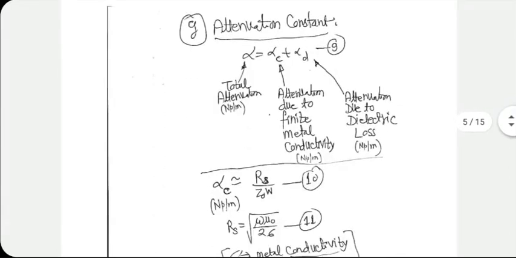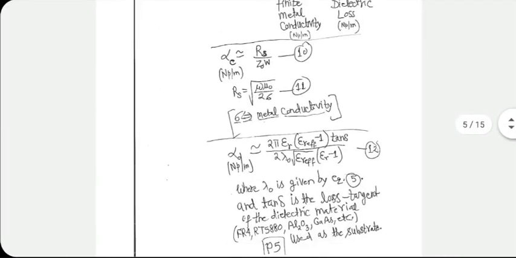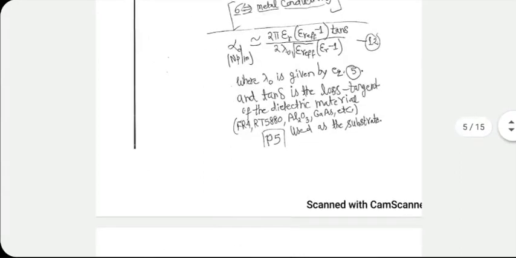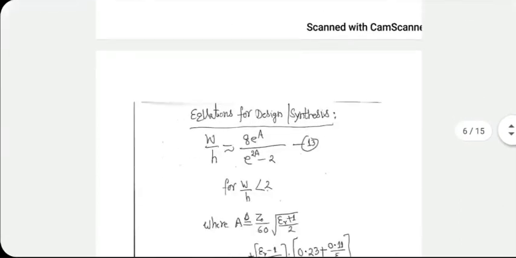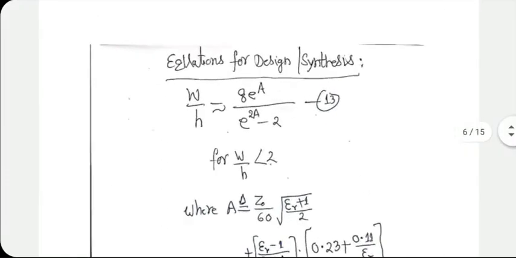Attenuation constant formulas are around for both alpha C and alpha D, like we saw in strip line. We will ignore losses for most of the calculations, but be aware that if necessary, losses alpha can be calculated also. Now for design, it is the opposite problem to figure out W required for a given Z0.